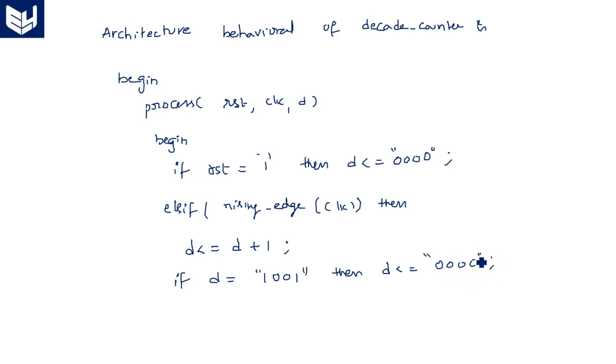D will be assigned with 4 zeros in two cases: whenever the reset pin is activated, and when D goes to 9. Then there are the ifs closing, after that end process and end behavioral.